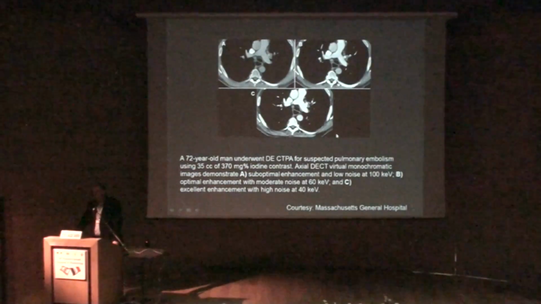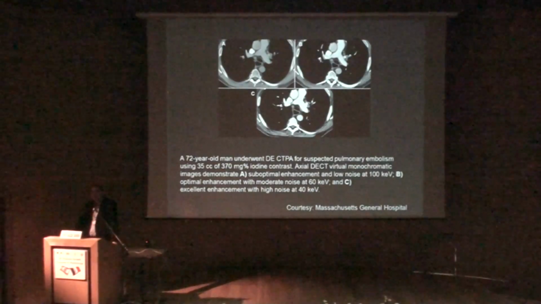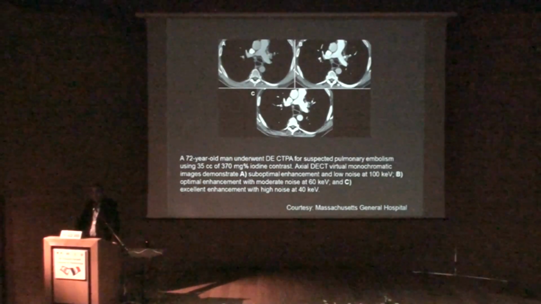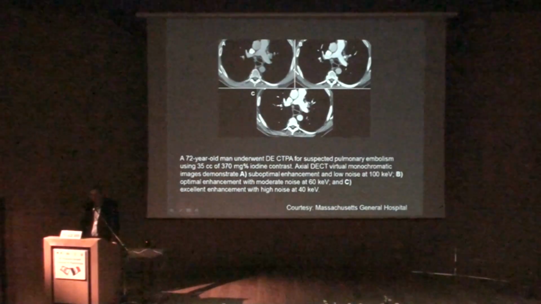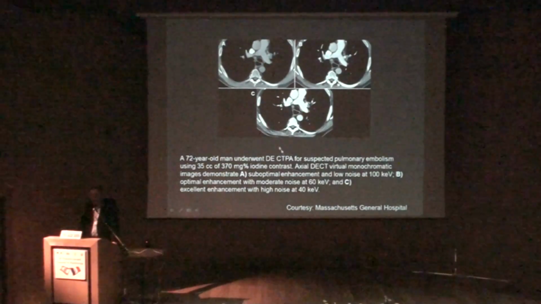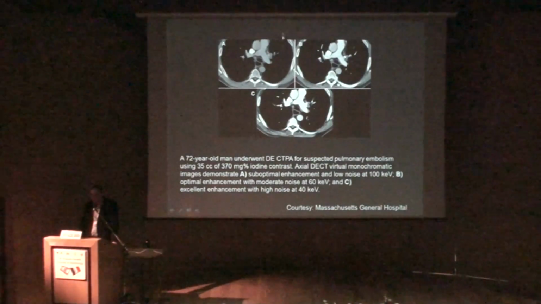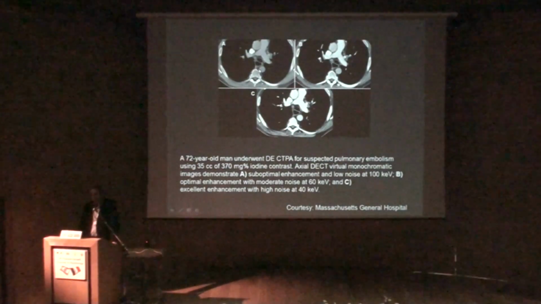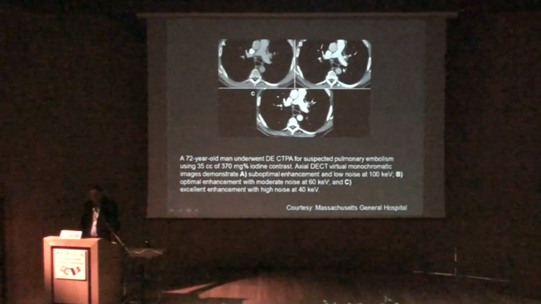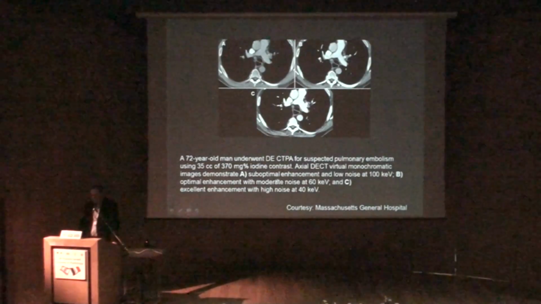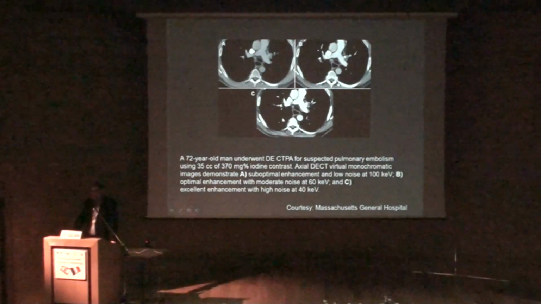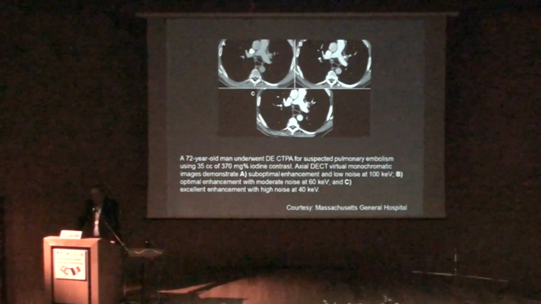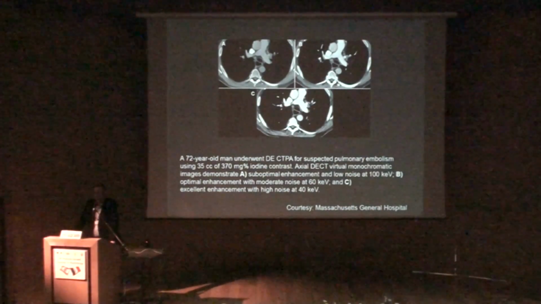So if we can see contrast better, why can't we decrease the dose of iodine? And this is something that is being used, and this is a case given to me by Mass General. So we see a suboptimal study, and then we can see in this image at 60 keV a very good image, and we injected only 35 cc's of contrast.